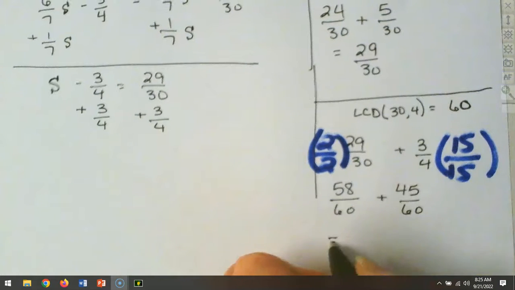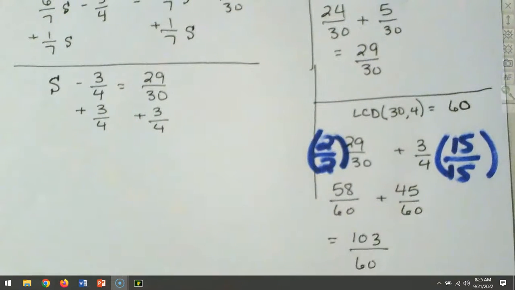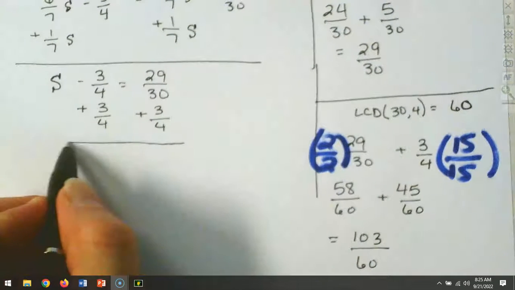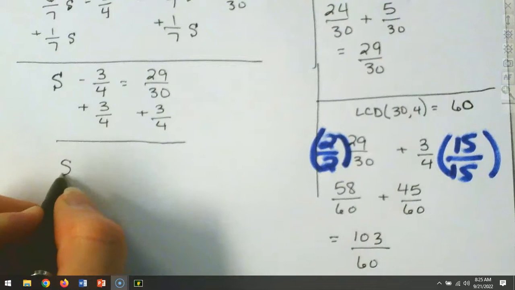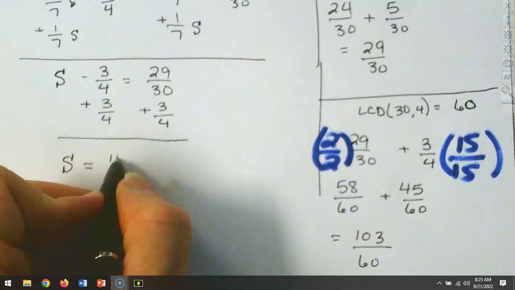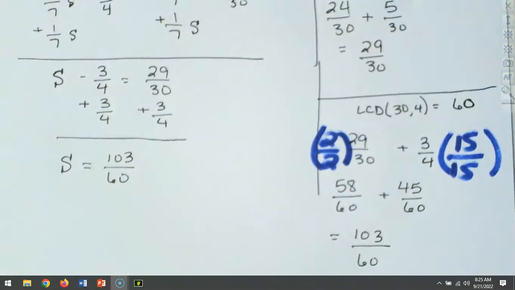We can add those together, and that gives me then 58 plus 45. That gives me 103 over 60. So that goes together here. We still have an s left over because that hasn't went away, and that equals now 103 over 60. And that's as far as we can go on that one.